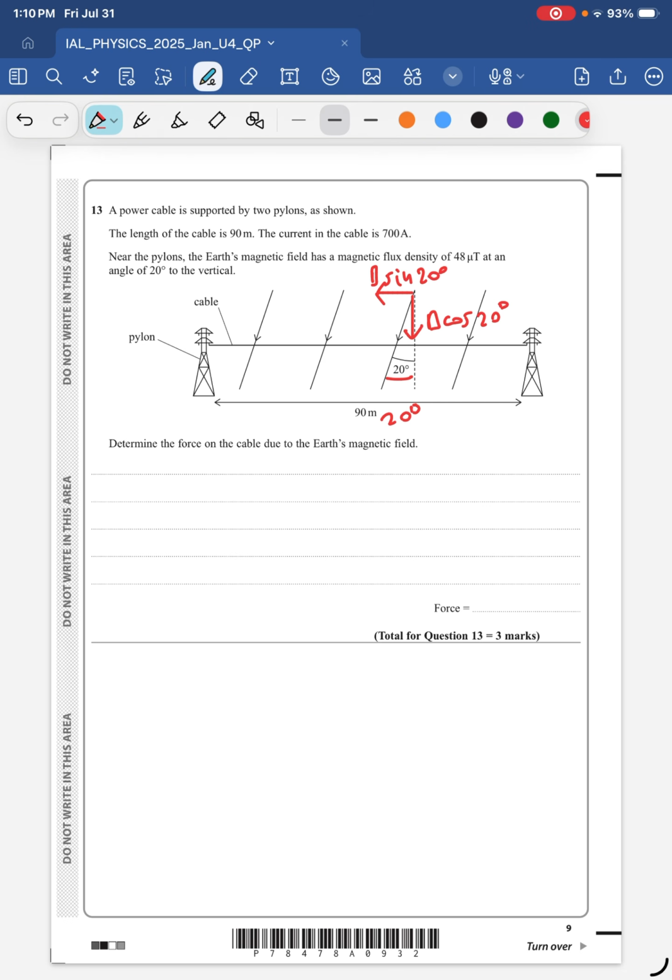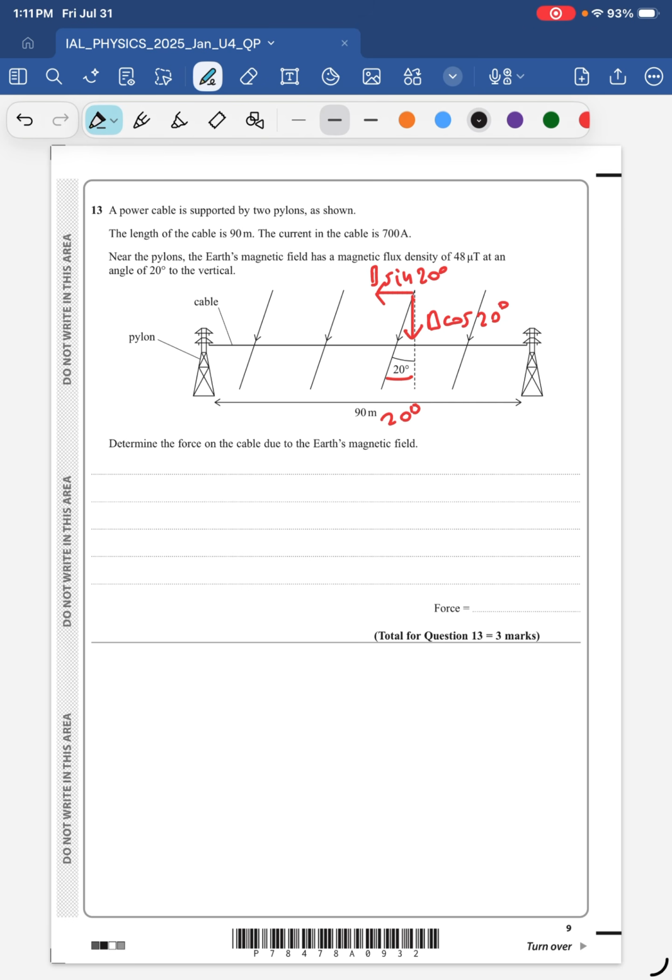The rule I use to remember it is that this component, the one I'm drawing right now, touches the angle 20 degrees. So that's the cosine component, while the other one, the sine component, doesn't touch the angle, if that makes any sense. And of course, you can work it out with math. Okay, that's the first thing.